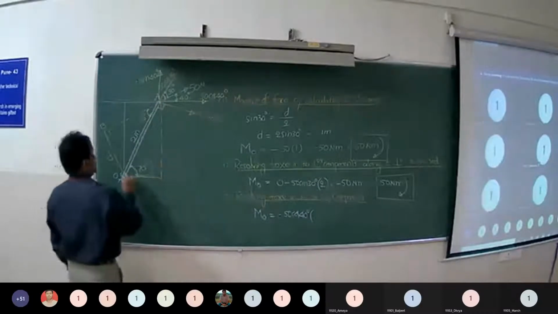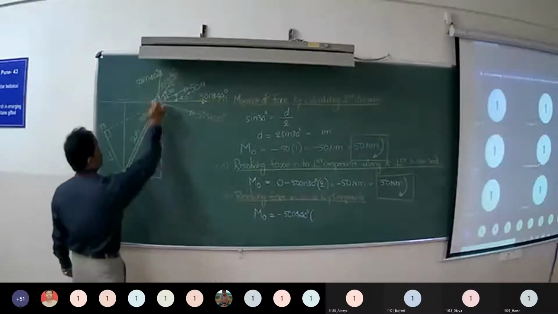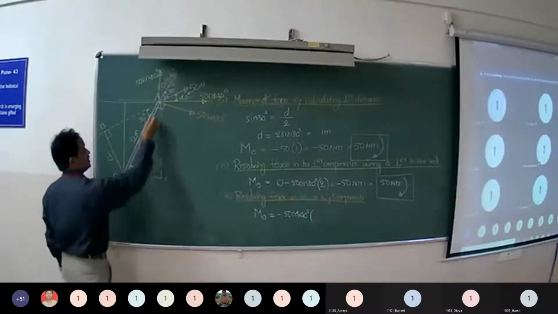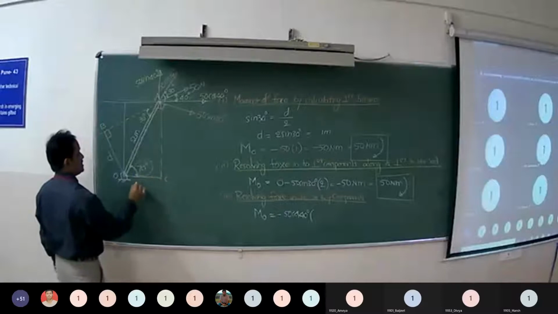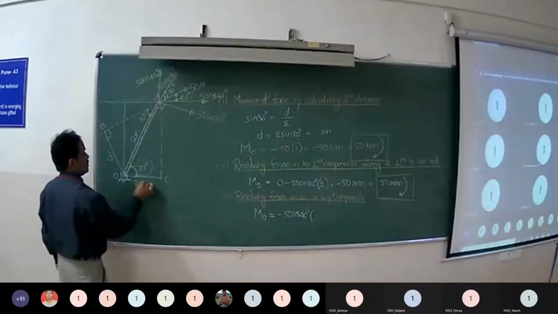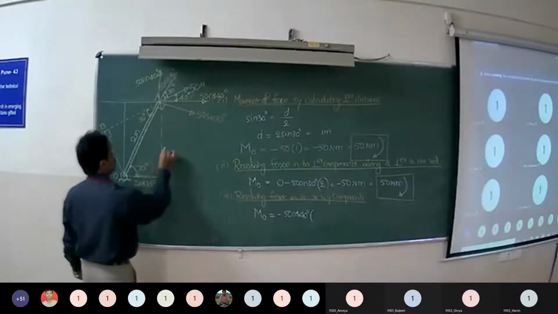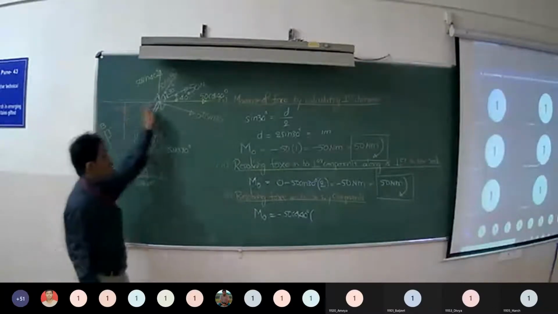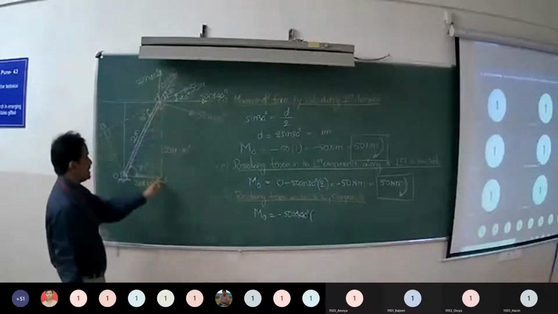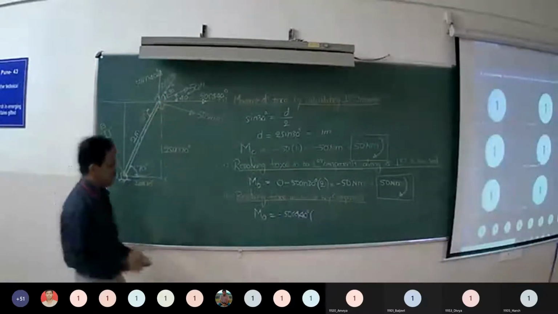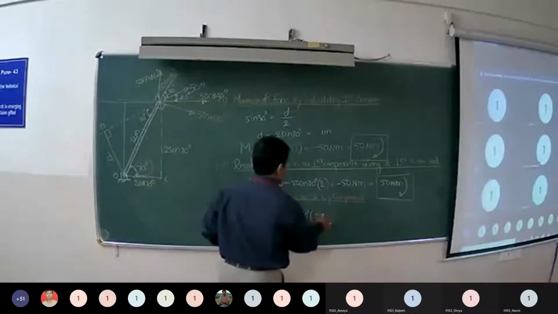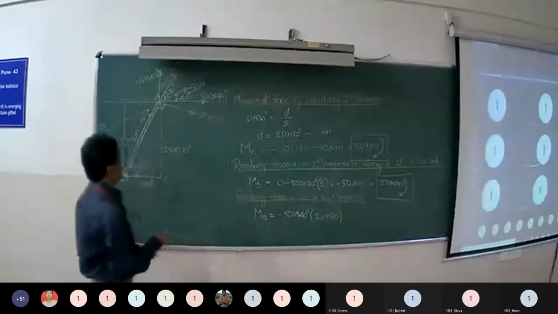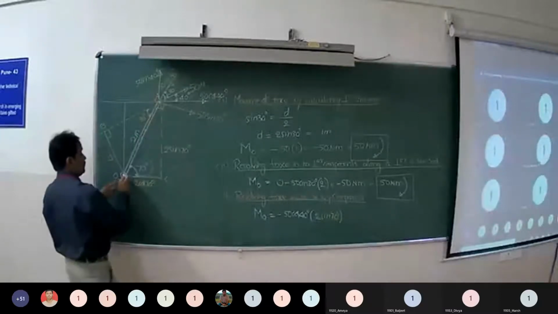If you consider this rectangle OAC, you have this angle as 70 and this side is 2 meters. So OC, the adjacent side, is 2 cos 70, and the opposite side is 2 sin 70. For the horizontal component, this vertical distance is the perpendicular distance, 2 sin 70. And what is the moment of the vertical component about point O?